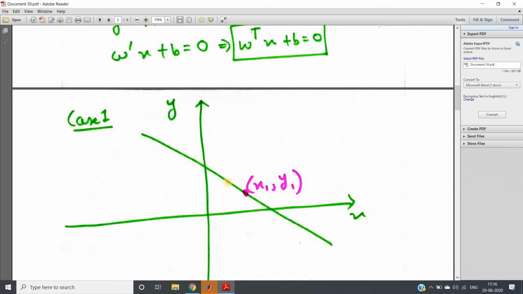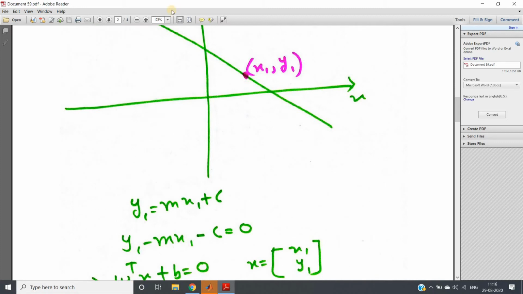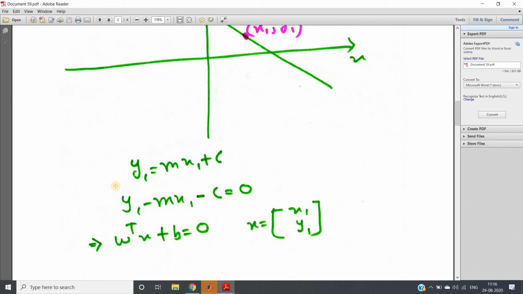Case 1: suppose I am taking one point x1, y1, which is placed on this line. As this point x1, y1 is placed on the line, it will satisfy the equation of the line. So if the equation of the line is y equal to mx plus c, then y1 equal to mx1 plus c will be satisfied. And again, you can do the same kind of mathematical computation as I have shown.